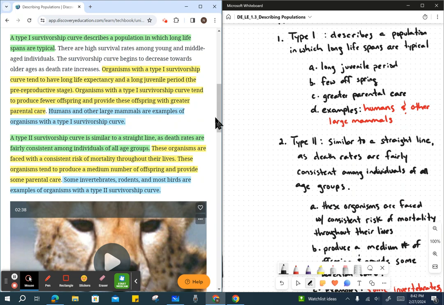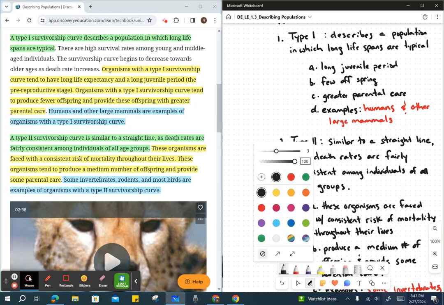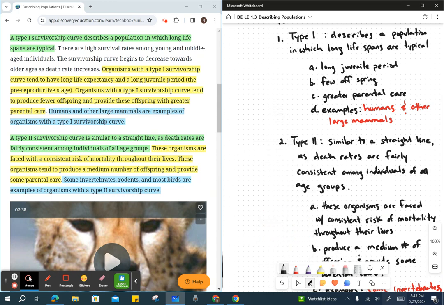Okay, if we were to draw that out, it might look something like this. We may have a graph. And we may say that throughout your life, you tend to have a high survivability, and then you drop off as you get older.